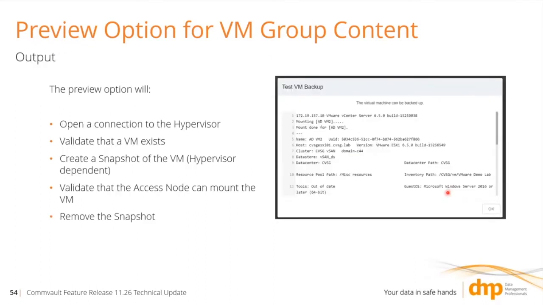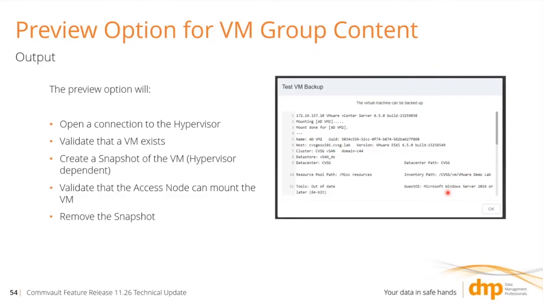What it basically will do, it will open a connection to your hypervisor. It will validate if that virtual machine is existing. It will create a snapshot of that virtual machine, and that is of course hypervisor dependent. It will validate if the access node can mount that VM, and then it will remove the snapshot.